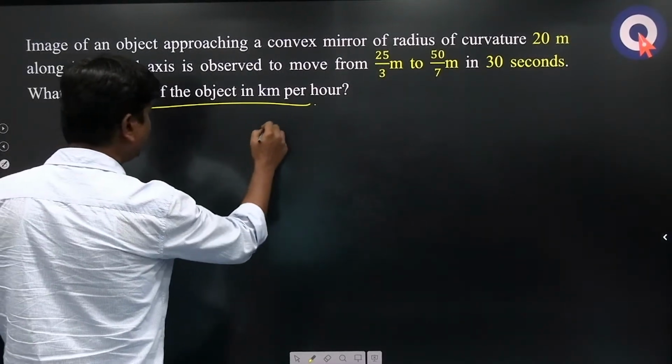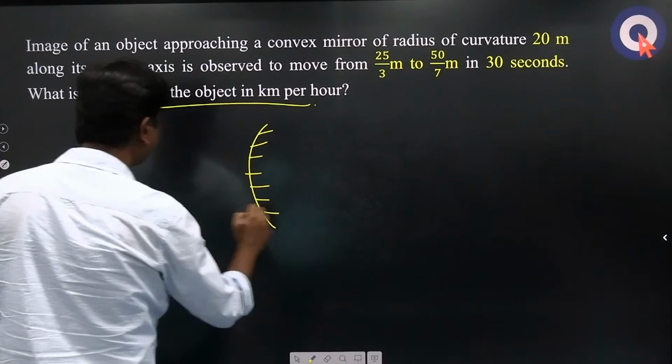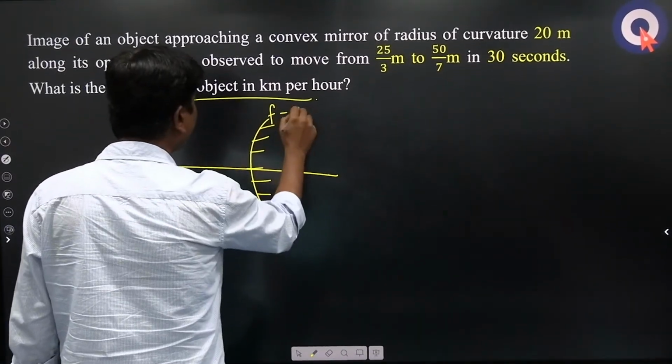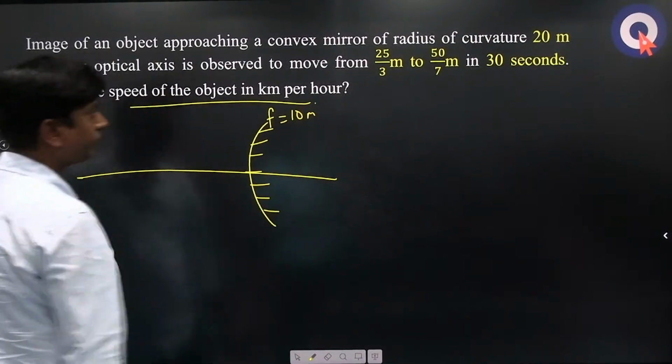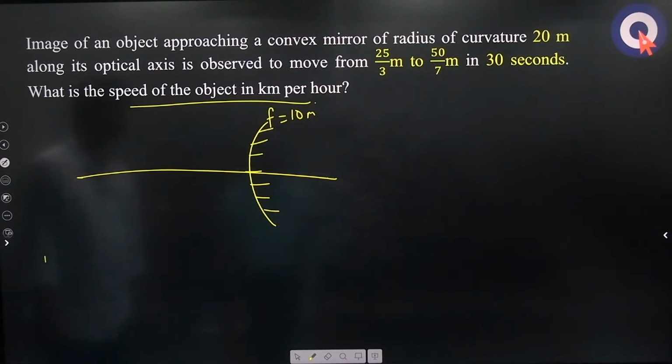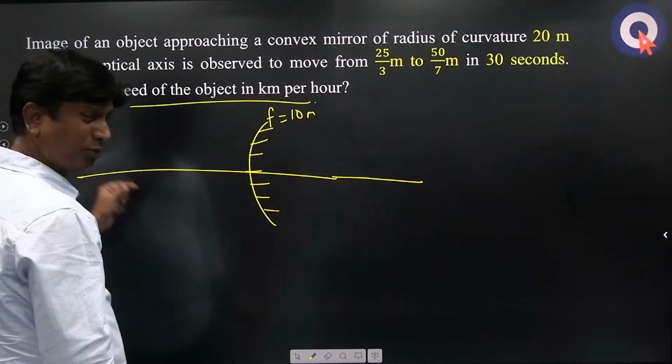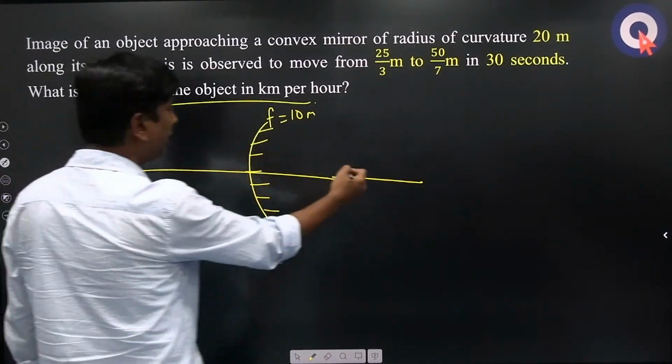Assuming this is a convex mirror, radius of curvature 20, so focal length 10 meters. Whenever you have a real object which is moving, you are going to get a virtual image.